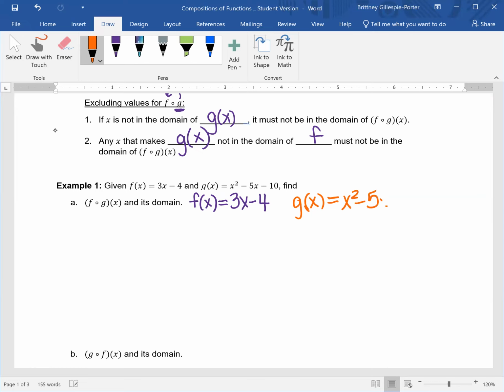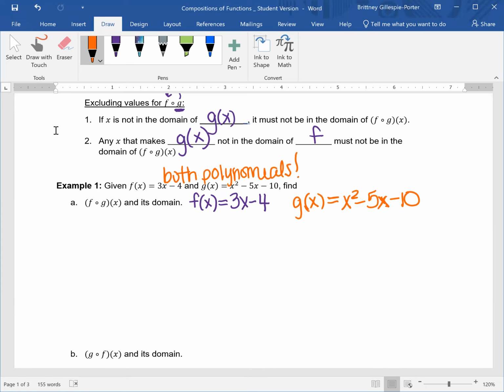These guys are our friends because they are both polynomials. Polynomials are our friends. They are so easygoing about their domain.